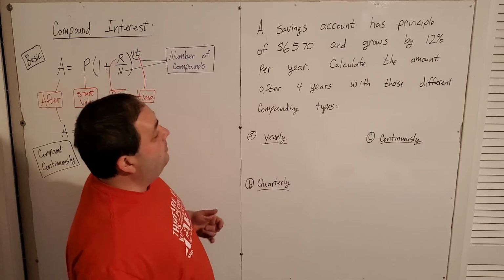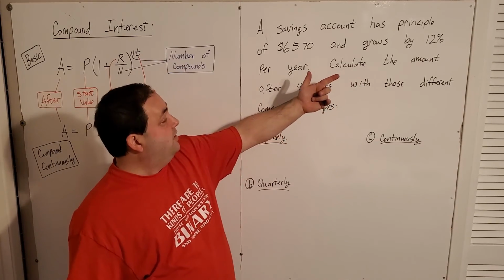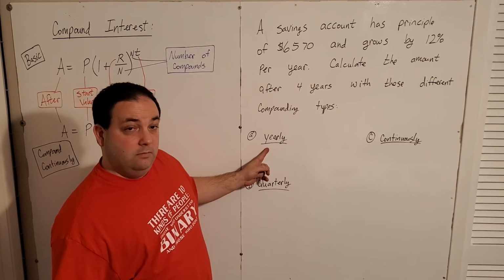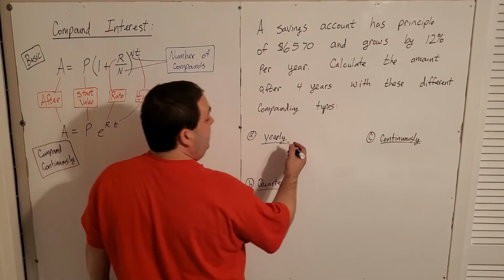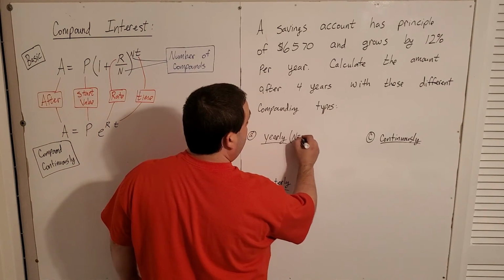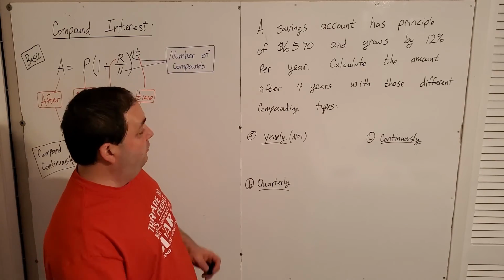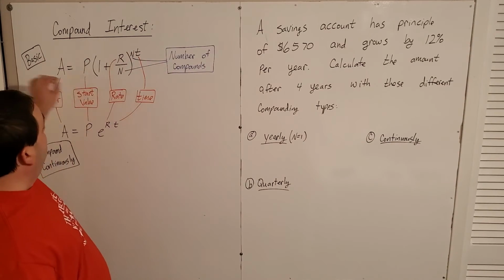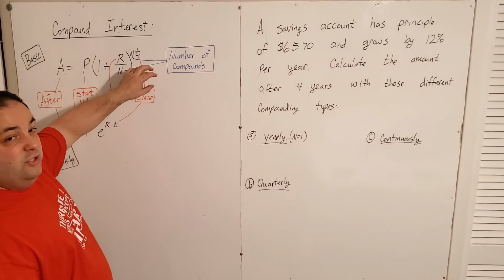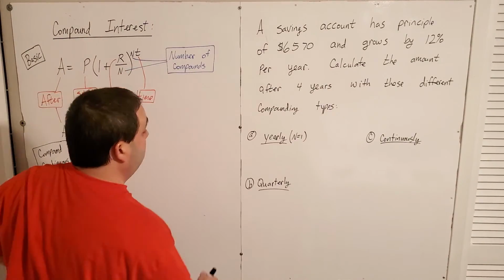So let's say that they tell you, oh, it's 12% compounded yearly. So in other words, n equals 1, right? So this is pretty much a calculator formula. I'm just going to have the formula, I'm going to have all the values, but I'm really just going to punch and crunch it, right?